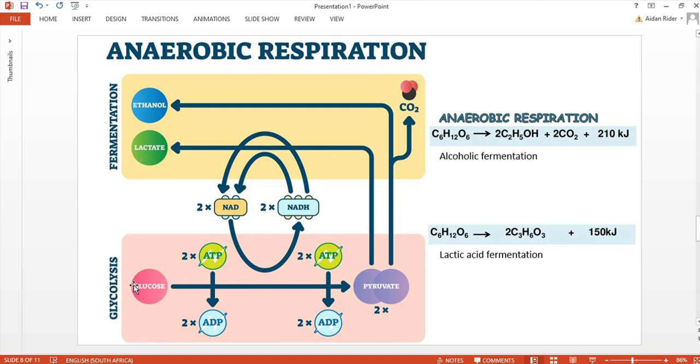So we have the glucose, and interestingly, they didn't show it in the previous picture, but even with aerobic respiration, you need ATP to actually break down the glucose. But then, even though you need energy to break it down, during this process you also produce energy, because as in the previous one, 2 hydrogen atoms will be released.